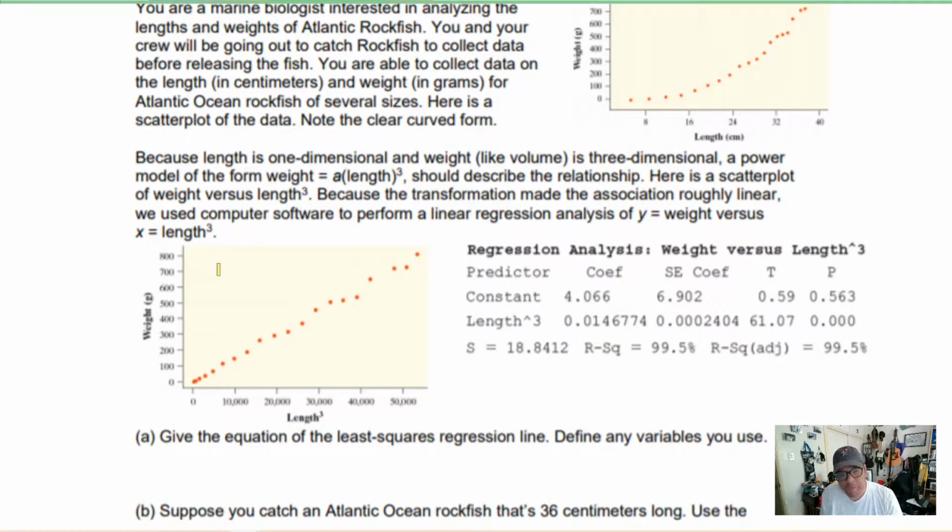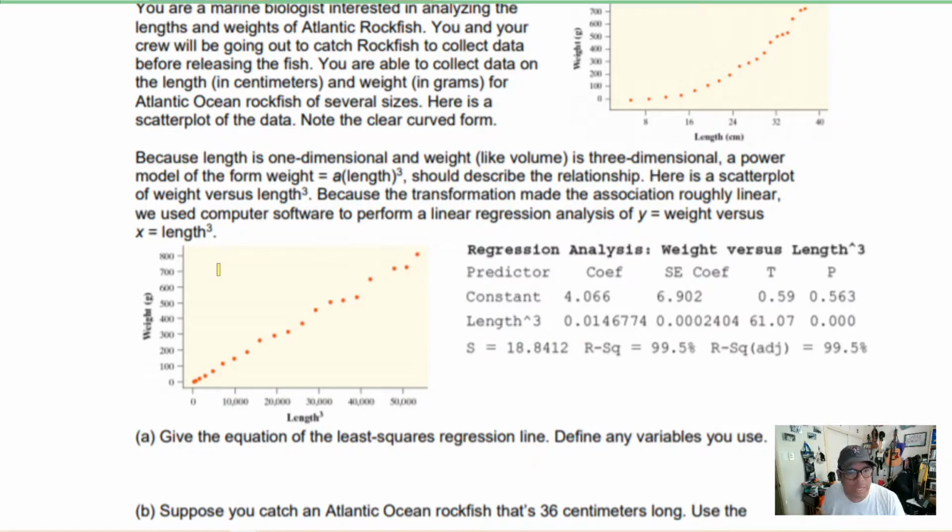Well, thank you very much for telling us what to do. So here is a scatter plot of weight versus the cube of length. Looks pretty linear now. Because the transformed data made the association roughly linear, we use computer software to perform a linear regression of y equals weight versus x equals length cubed.